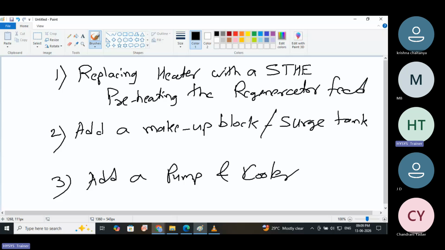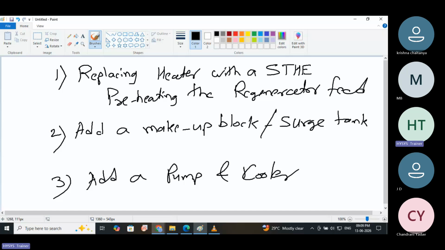So we will be passing it to the shell and tube heat exchanger, and the output of this heat exchanger will be given to that distillation column. The stream coming out from the distillation column, which is at a higher temperature, we will be passing it again to the heat exchanger.